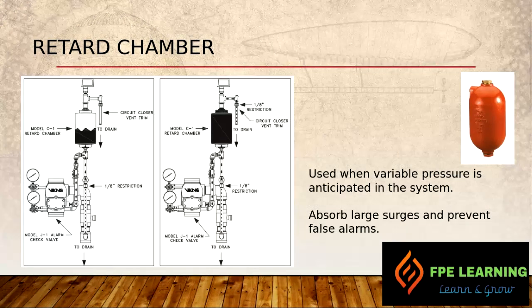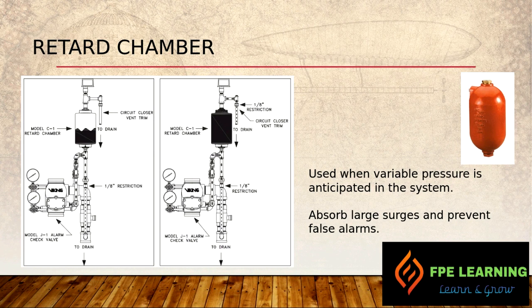And then we have a retard chamber. When the system is connected to a variable pressure source, something like a city connection, we have pressure surges, most of the time the pressure going higher and lower. In that case, due to those pressure surges, there will be false alarms. So to avoid that, we need a retard chamber to avoid any kind of false alarm in the system.